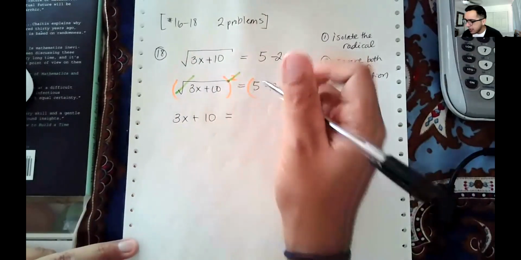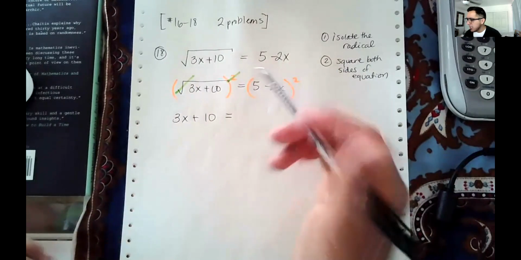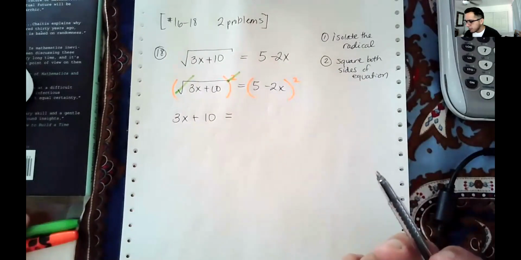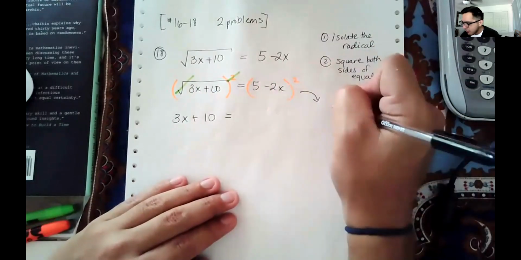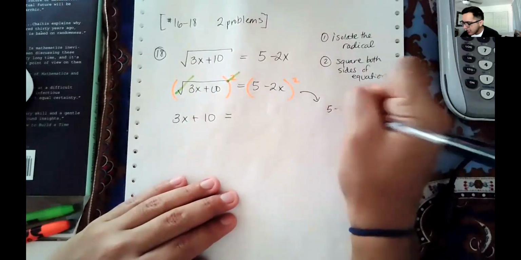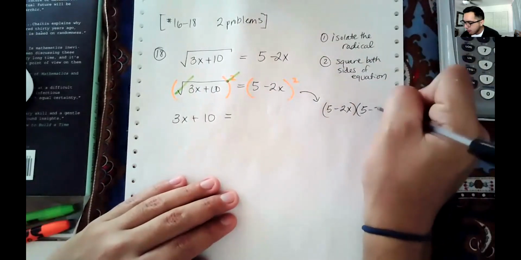But unfortunately, we have to simplify this expression, which we've just made a little bit more complicated. Okay, so remember that we have to take this 5 minus 2x, and since we're squaring it, we're going to multiply it by itself.